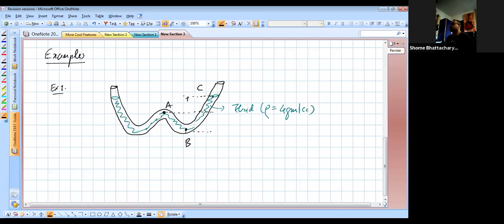This is a depth of 5 meters, and this is a depth of 6 meters.